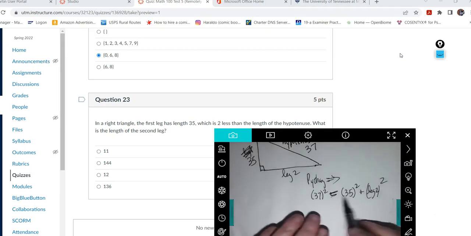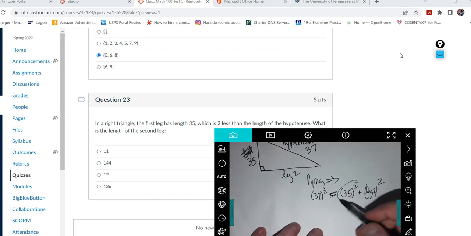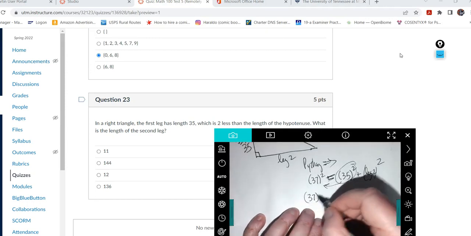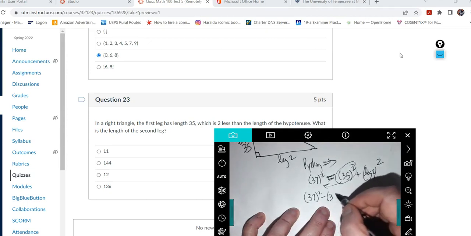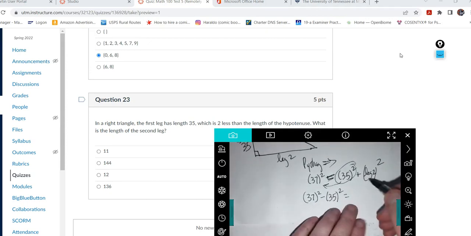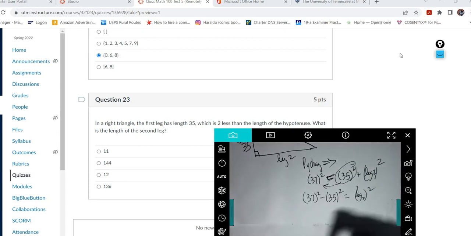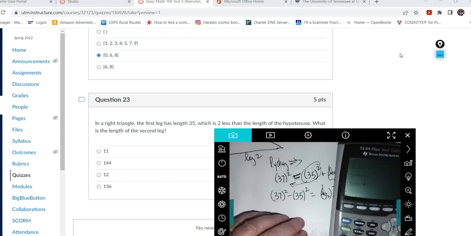Okay, so I'm going to get this over to the other side by subtracting. So I'm going to have 37 squared minus 35 squared, and that will give me my remaining leg squared. So leg 2 squared.